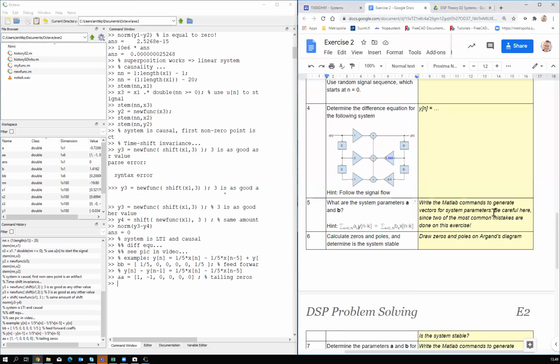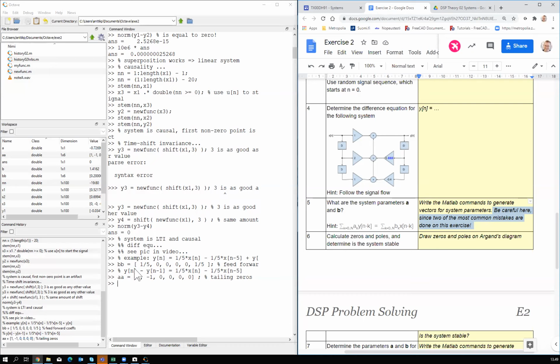And here, be careful. Two of the most common mistakes are made in this exercise. The first common error is a sign error on the feedback term.